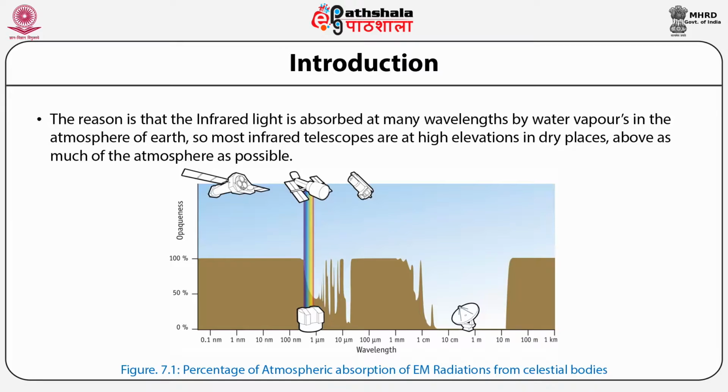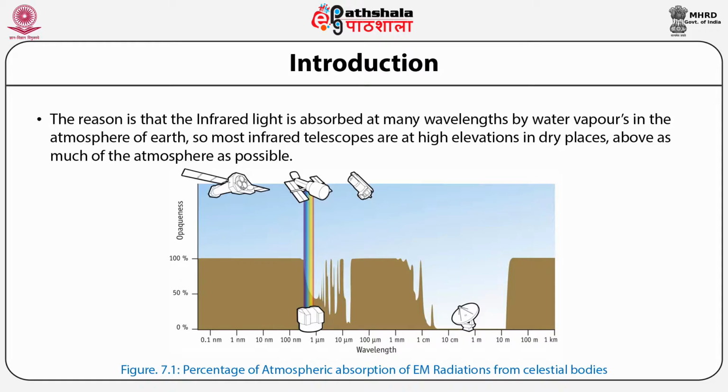So, the Earth's atmosphere has a role in every kind of observation, whether it is UV or IR. As we have said, infrared light is absorbed at many wavelengths because of the presence of many water molecules. So, most of the infrared telescopes are at high elevations at dry places, above as much of the atmosphere as possible.